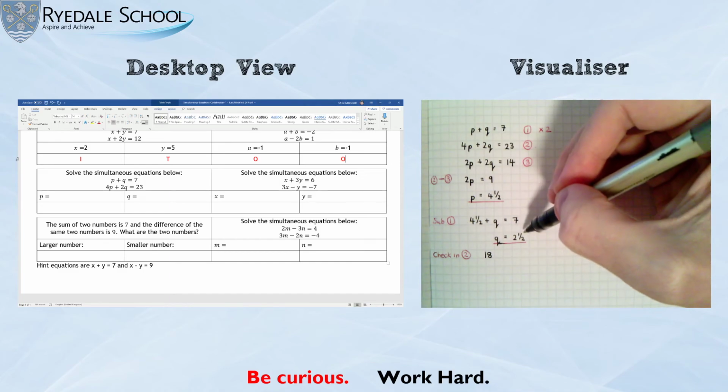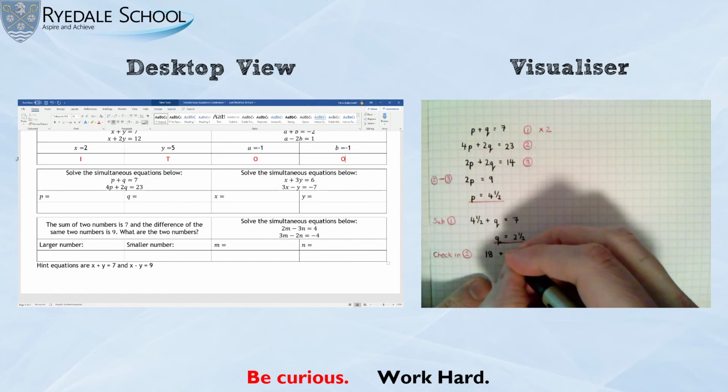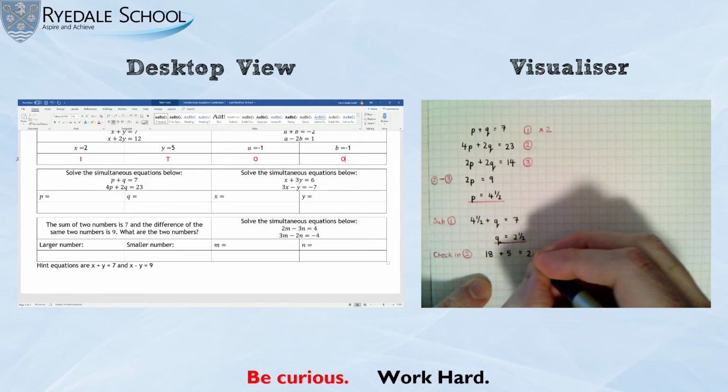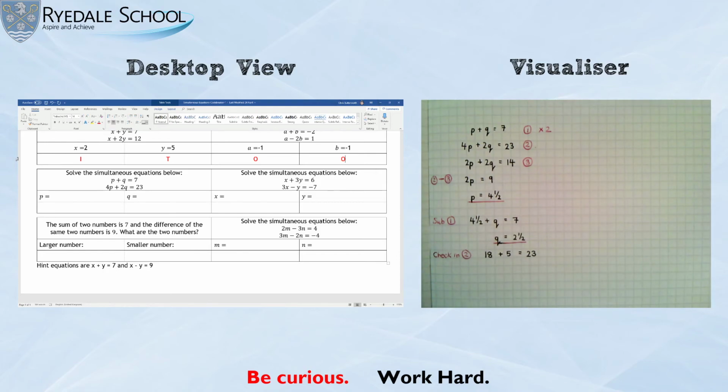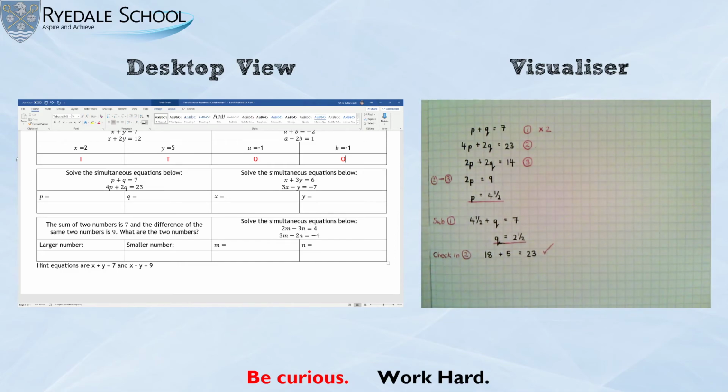I have q is 2.5, so 2q's would be double that, so that's 5. And it is supposed to equal 23. Is 18 plus 5 23? Yes, it is. And I'm convinced that that is right.